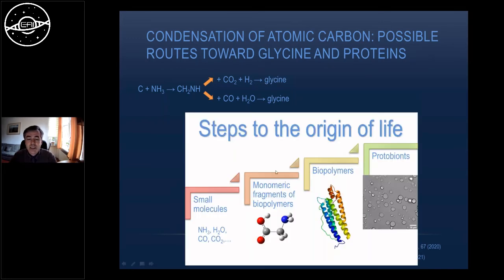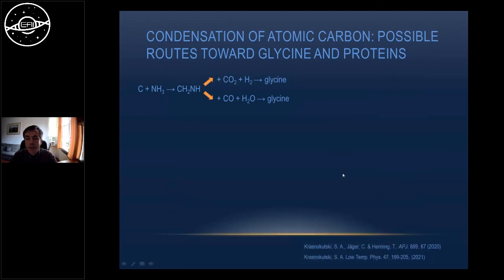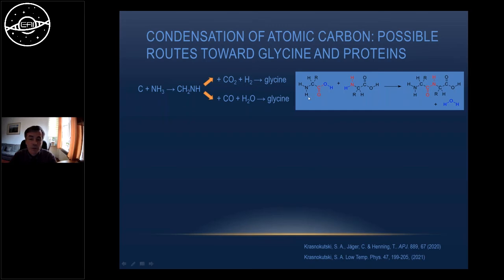And we just thought whether we could make a next step towards the origin of life and see whether we could form biopolymers here. But the formation of proteins happens in the following way.